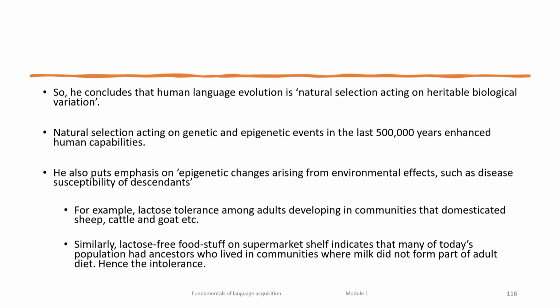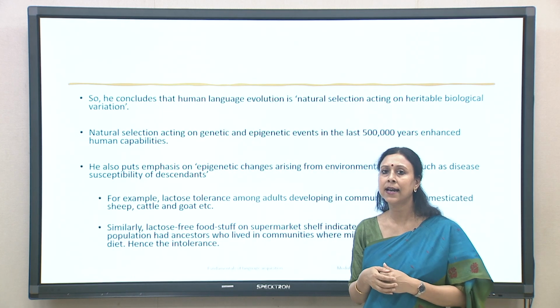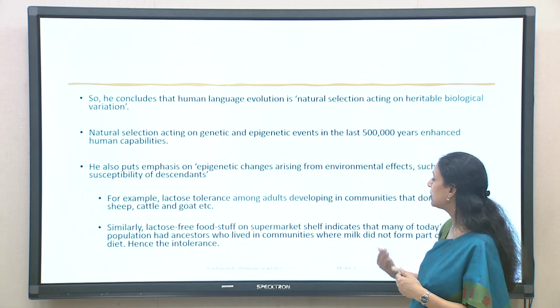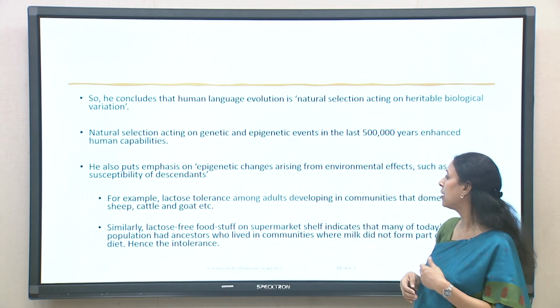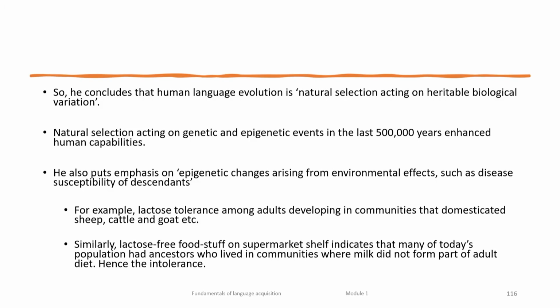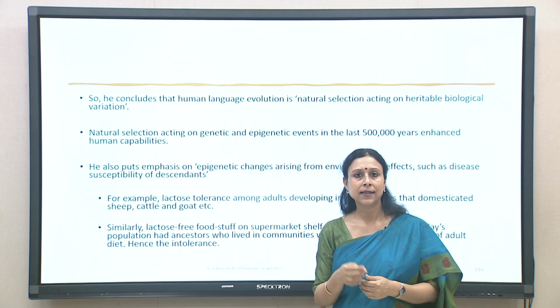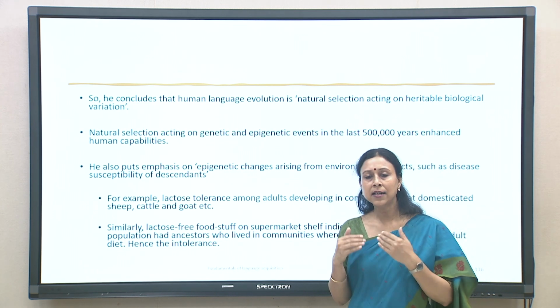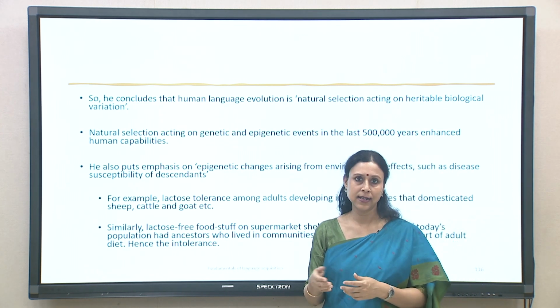Now, according to the theories of both Lieberman and others, the fact that many humans across the world are tolerant of lactose means that sometime during the evolutionary stages, humans domesticated cattle, cows, goats, sheep and so on, as a result of which the dietary practices changed, and this change in food practice over a period of time became coded genetically into lactose tolerance.